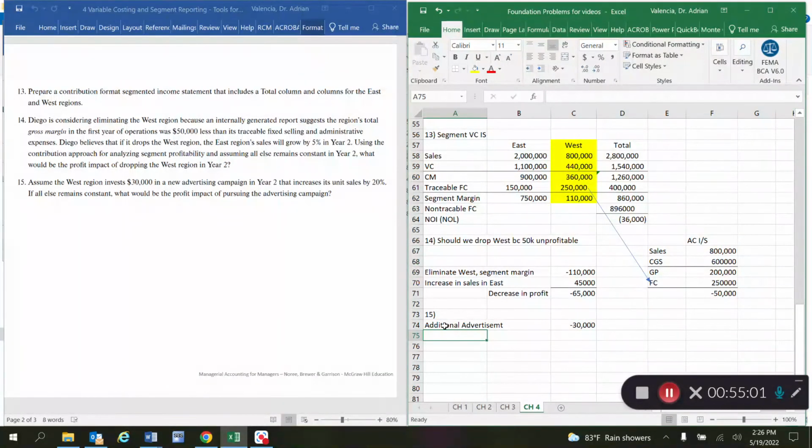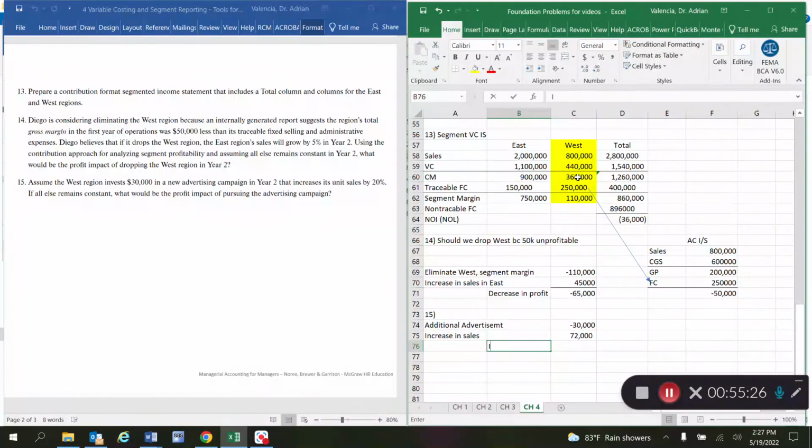We've got to invest it. And what's the return that we get? Okay, so the increase in sales will be equal to the contribution margin of the West times 20%. So that'll be equal to 360,000 times 20%, which is 72,000.